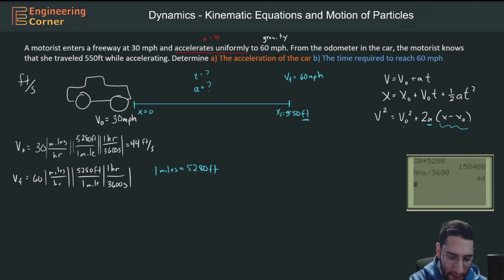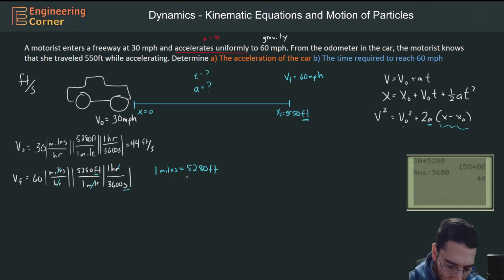If we treat our units like variables, we just want to make sure that our miles cancel out, and here our hours cancel out. So what we're left with is feet per second. If the units were switched, it would be a ridiculous unit, like hours per mile, but they would still cancel out.